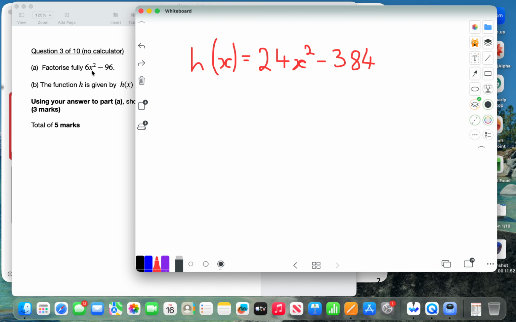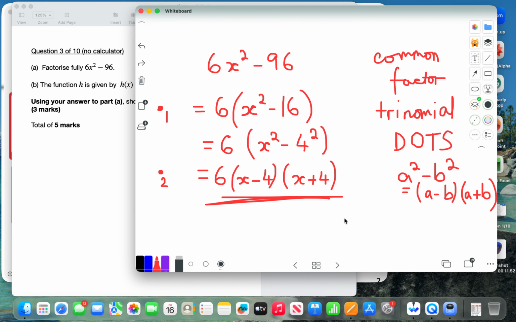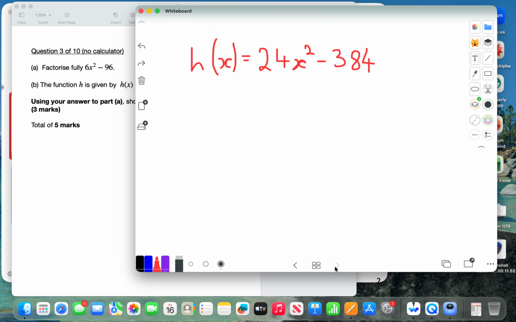So we have to think, how do we use what we found in the last section in order to help us with this? So you're possibly a bit puzzled in the exam, but if you are very clever and you notice that you divide the whole thing by 4, take out 4 as a common factor.